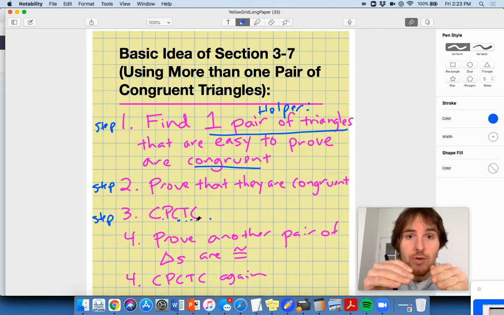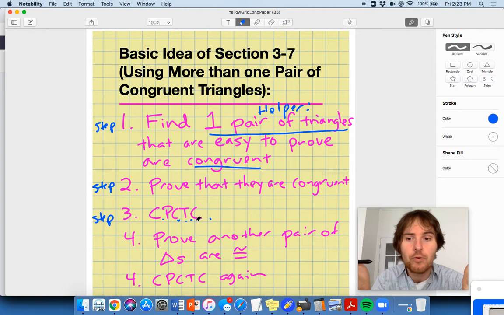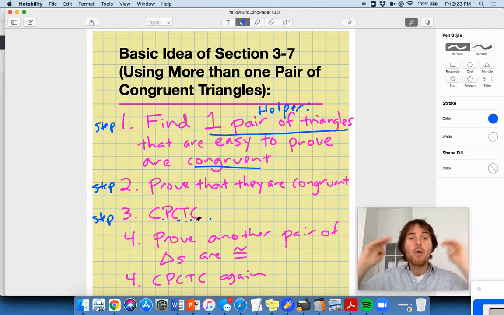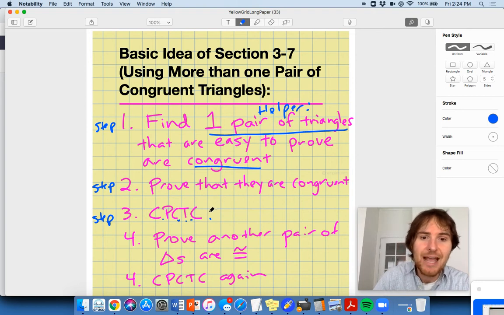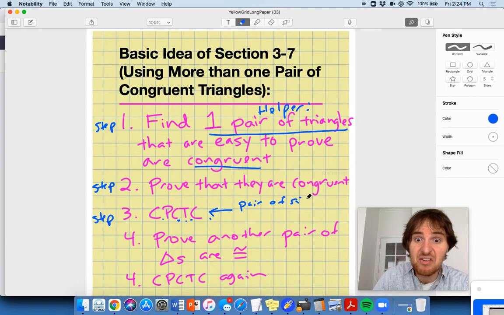As soon as you get that first pair of triangles congruent in a section, or as soon as you prove congruent triangles, you've got to ask yourself, why was I proving them congruent? Well, it's because I want to show a particular pair of sides are congruent or a particular pair of angles are congruent, okay? So you use your helper triangle to get you there. Do you need to find a pair of sides that are congruent?